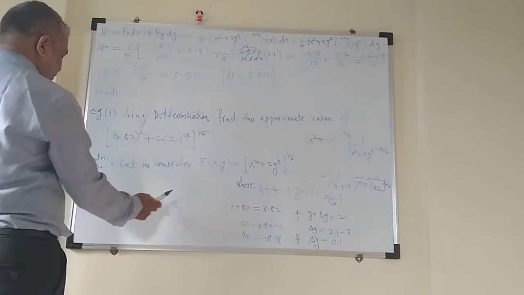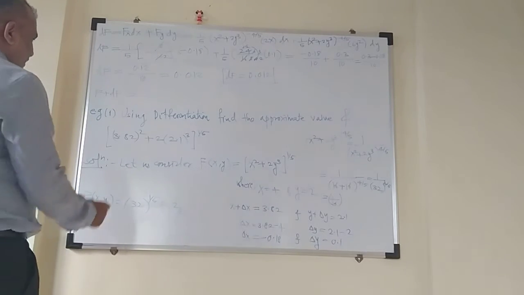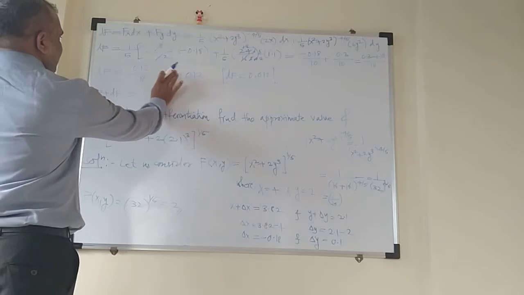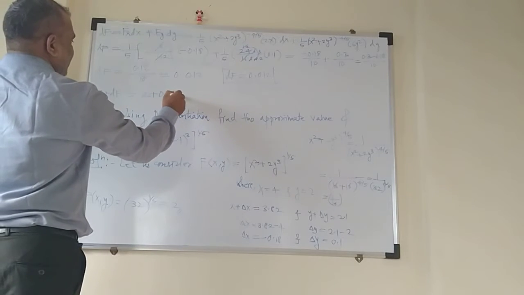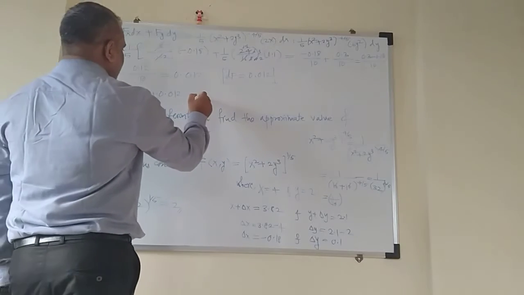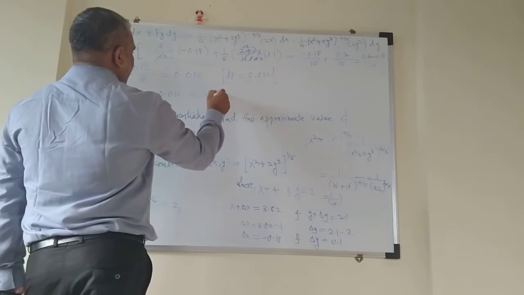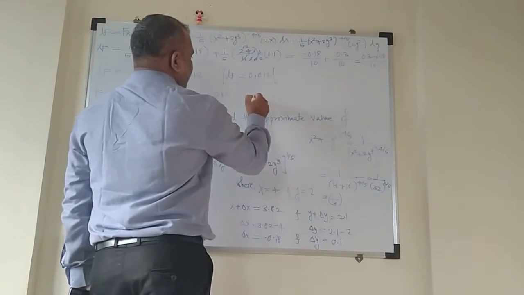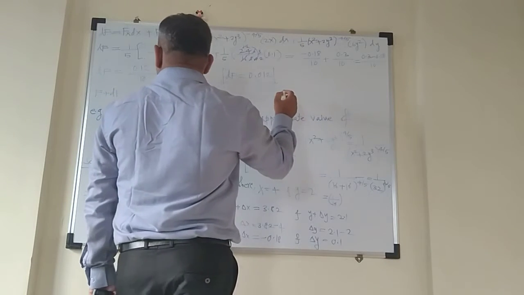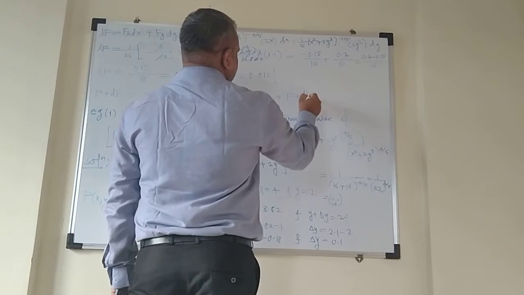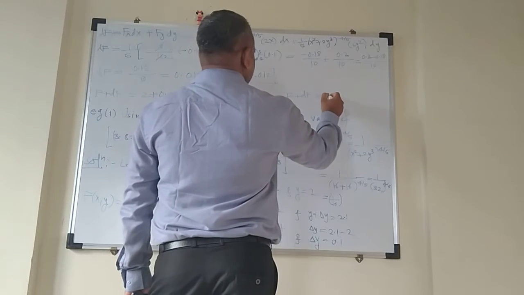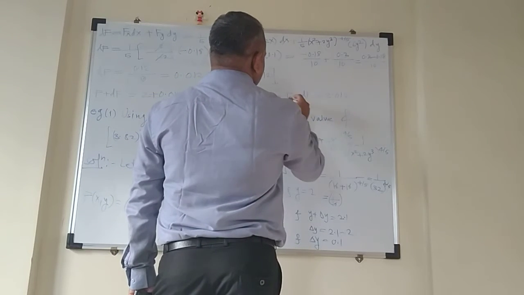that means the fifth root of 32 is 2. Fine. Now you can put this value of function f into f plus df. This will give you 2 plus 0.012, and this will be equals to 2.012, and hence I can say the approximate value of the function f plus df is equals to 2.012.